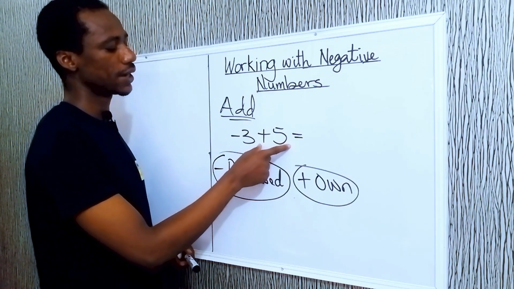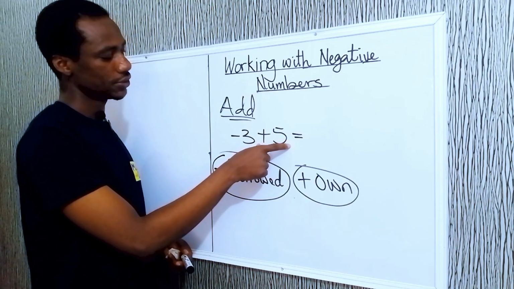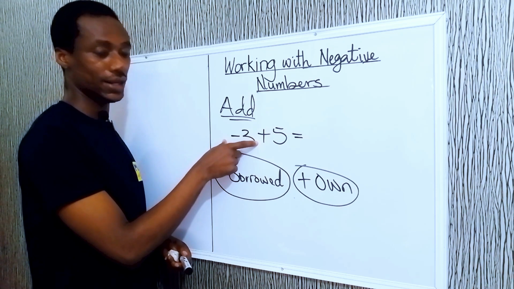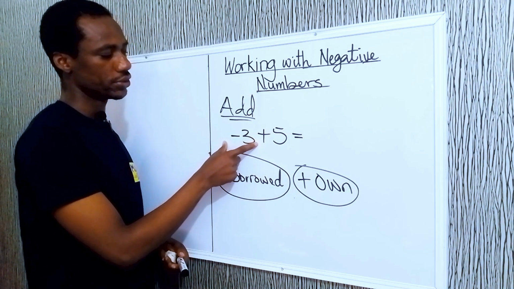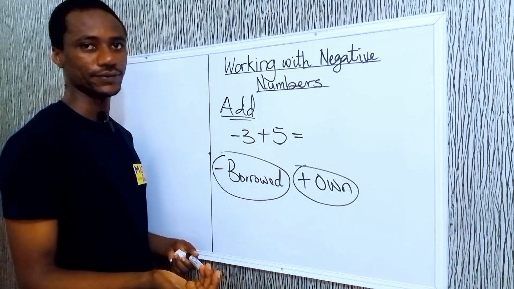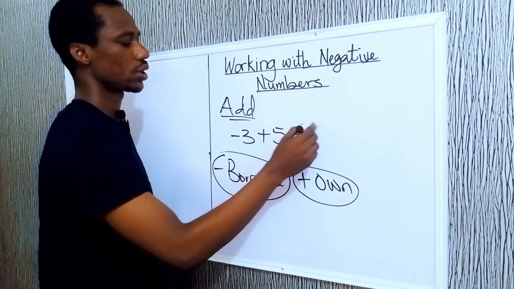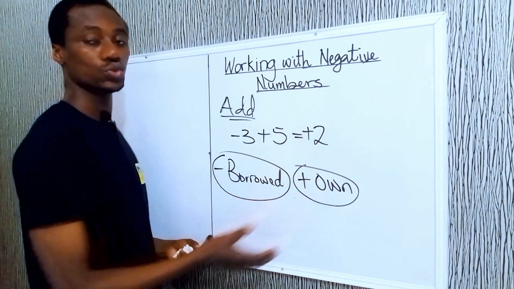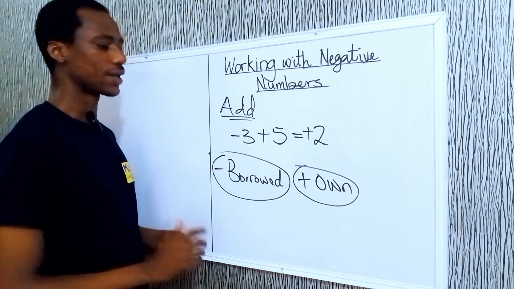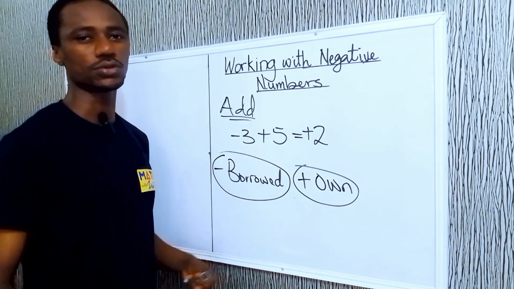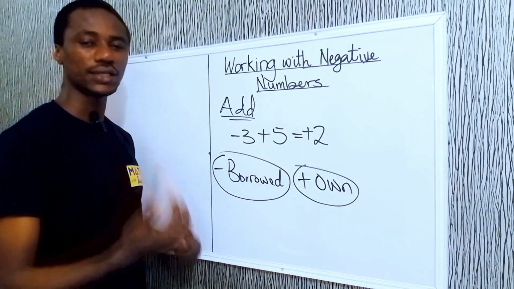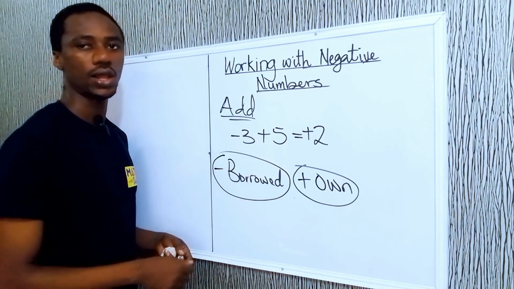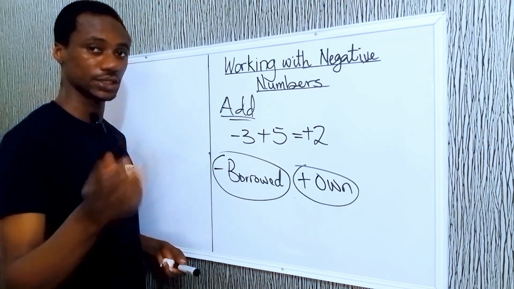So if you pay back the 3 apples that you borrowed, what would you have left? You'll be left with 2 apples, a positive 2. That means you have 2 left. That's a traditional concept that has worked over the years. You can practice that over and over again. I'll take that again.